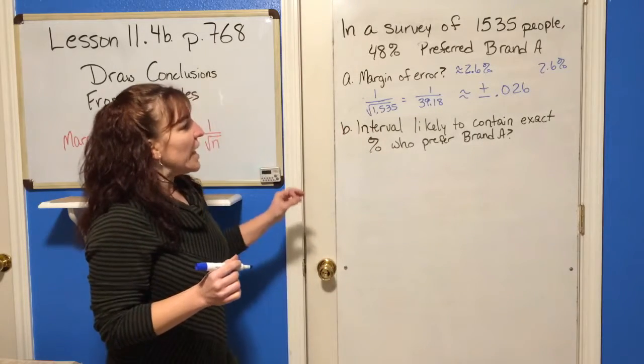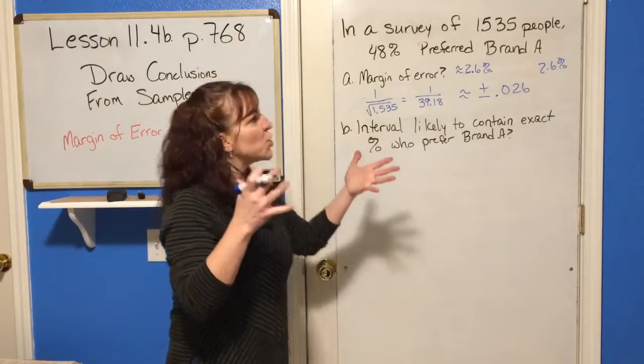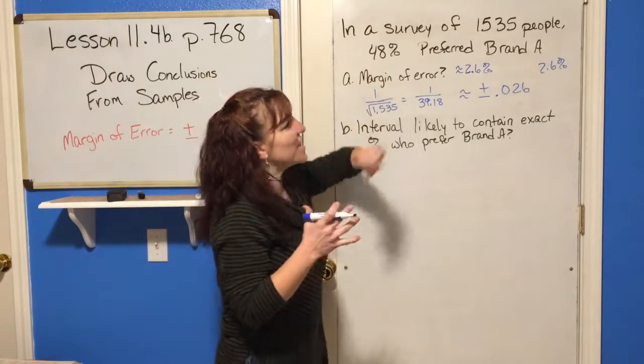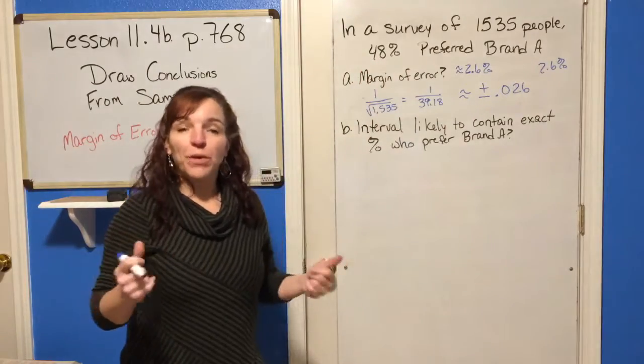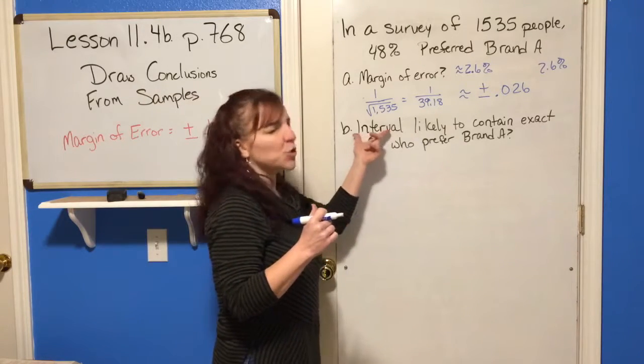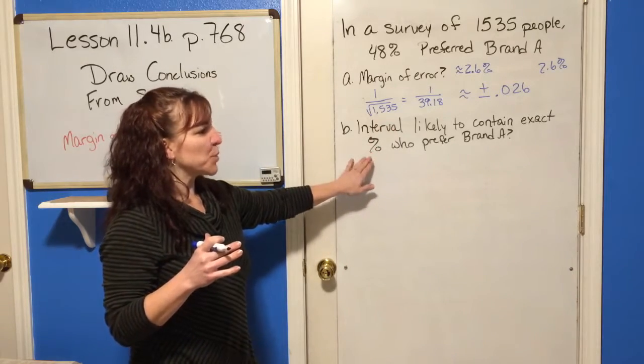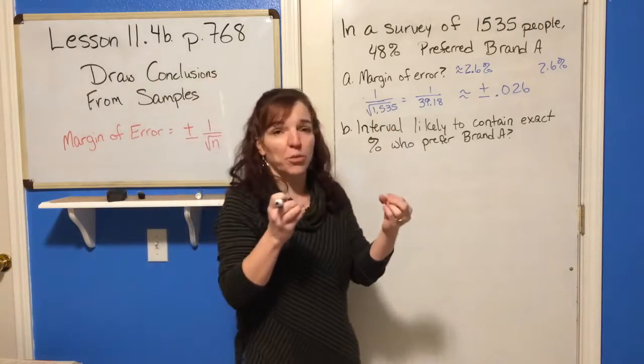Now, we said 48% of all people prefer brand A. So what interval is likely to actually contain the exact percent of people who really do prefer brand A?